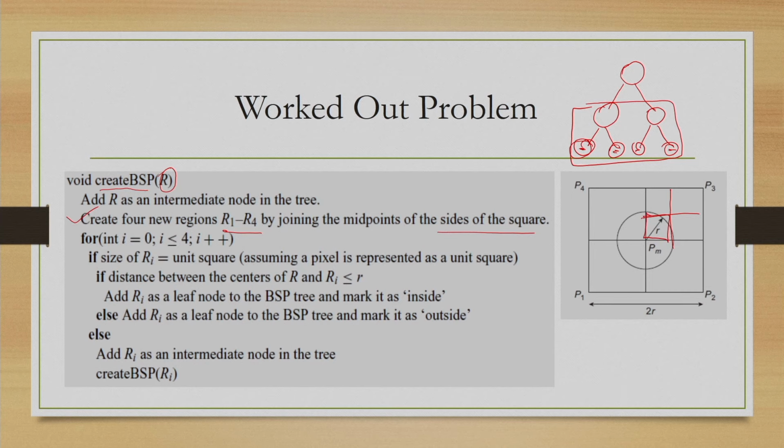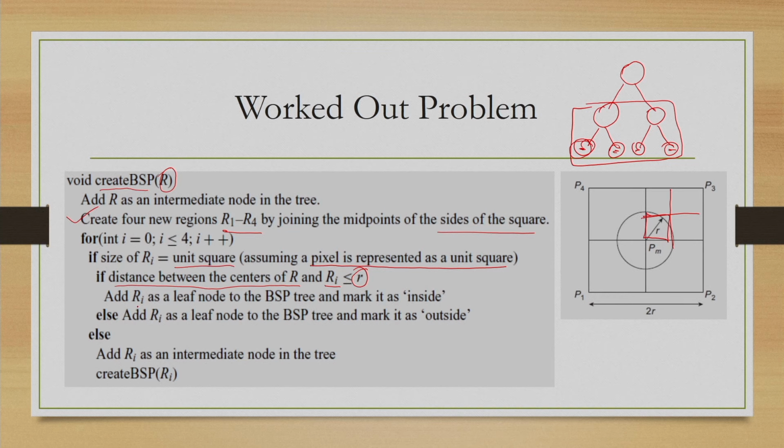Now, if the size of this subregion is a unit square, where we are assuming that a pixel is represented as a unit square, then we go to the next step: if the distance between the centers of the original region R and the subregion that we are considering currently is less than or equal to the radius of the circle, then this subregion is part of the circle.